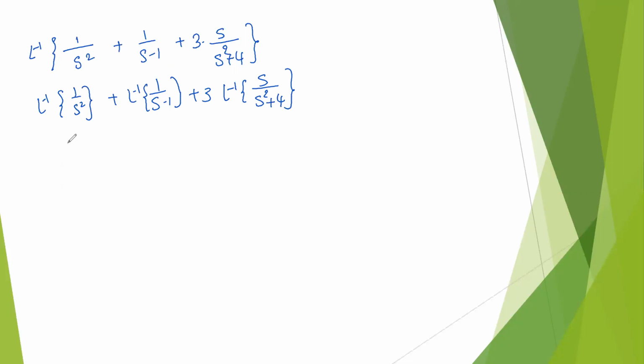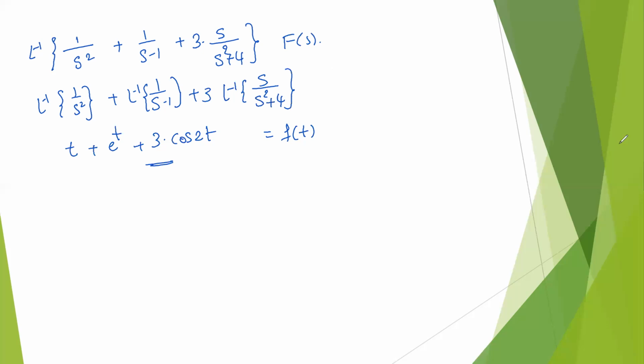Which implies 1 by s square gives t, the next is e power t, and the next one is 3 into cos 2t. So like this, we can calculate f of t for the given capital F of s, otherwise f bar of s. L inverse of f bar of s is nothing but f of t, right? So like this, we can evaluate many functions by applying inverse Laplace transform.